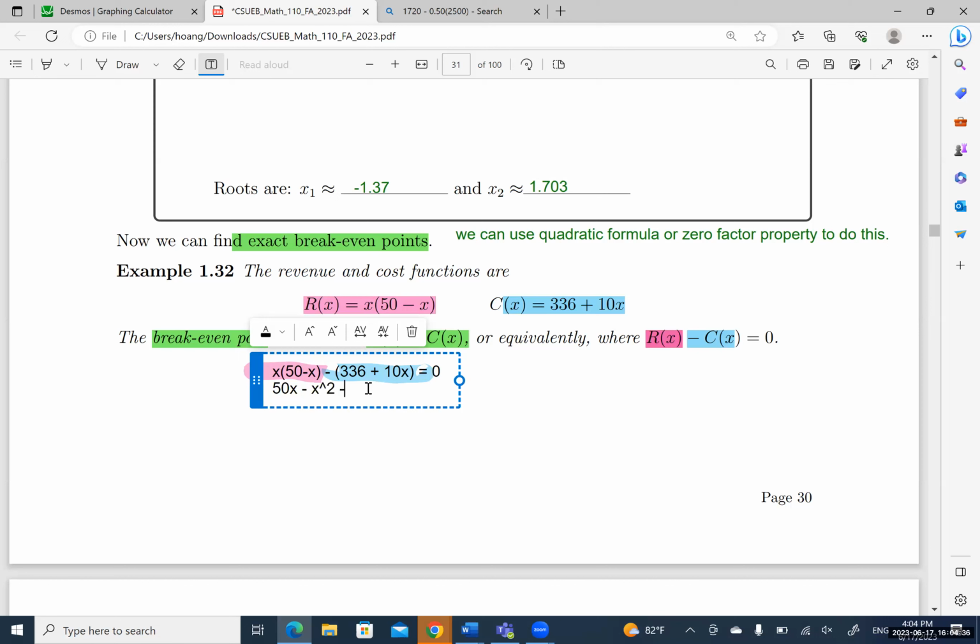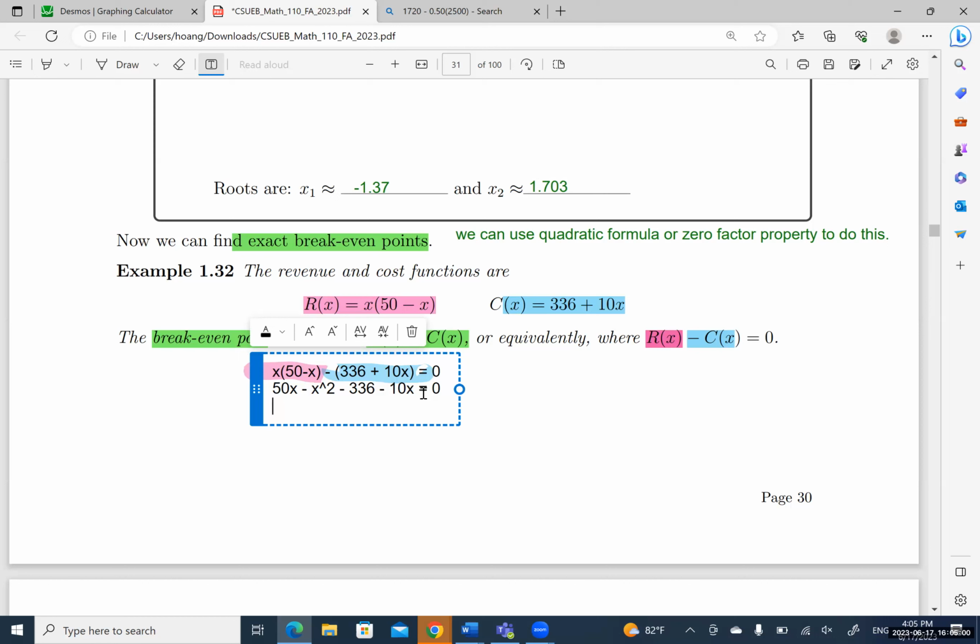And then minus 336 plus 10x. Make the sign over here change, right? So that's equal to zero. All right, so now we have to simplify.